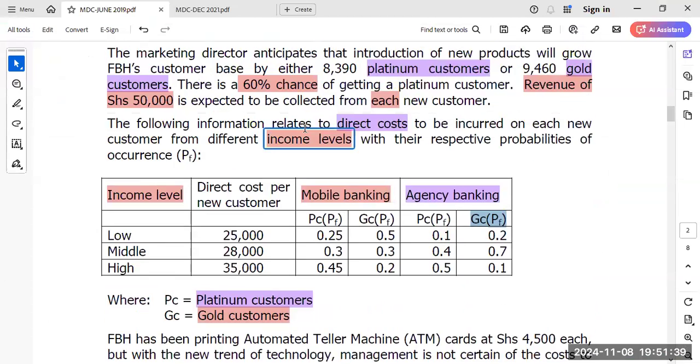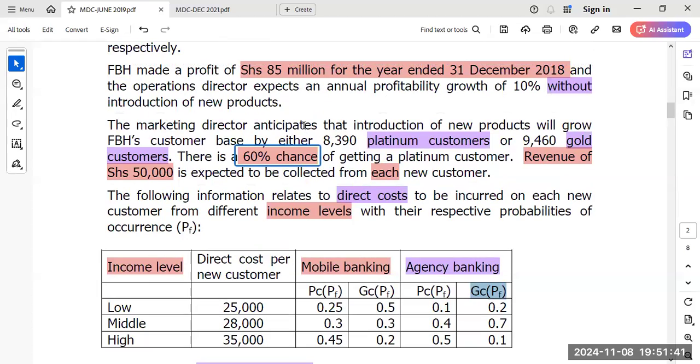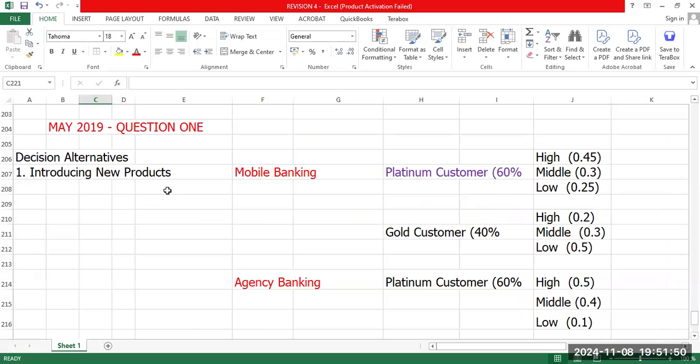What we are left with is to draw the decision tree. Remember, when you're drawing a decision tree, you must start with the decision alternative.